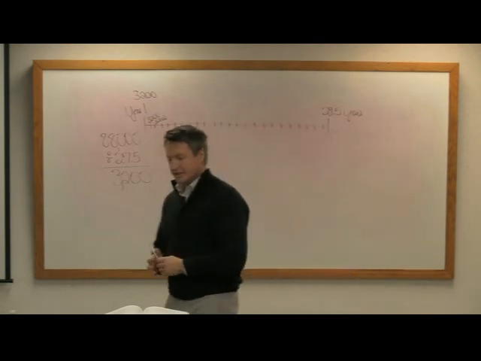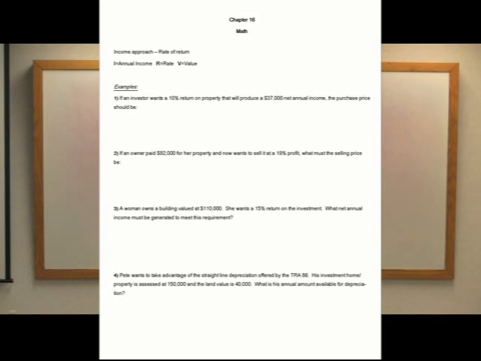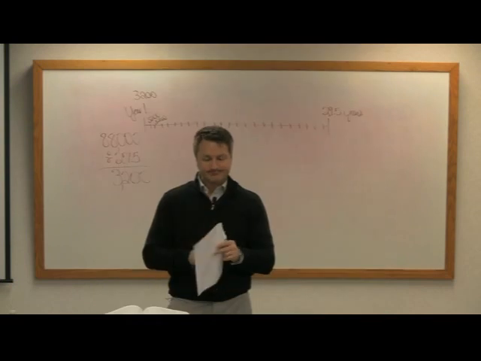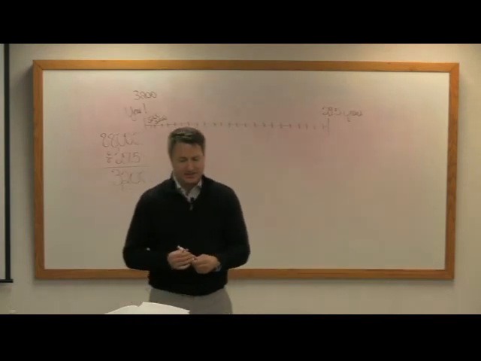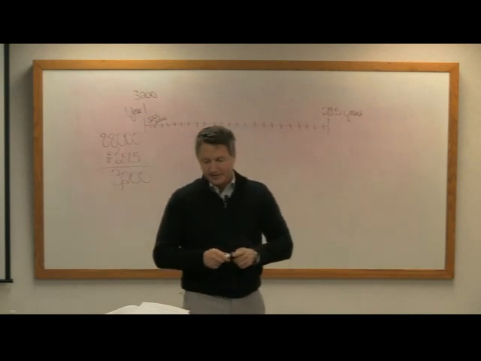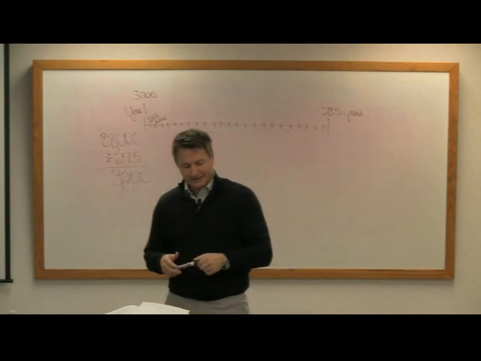Now, you can direct your attention back to that Chapter 16 math page. And problem number 4 says Pete wants to take advantage of that straight line depreciation offered by the Tax Reform Act of 1986, or TRA 86.